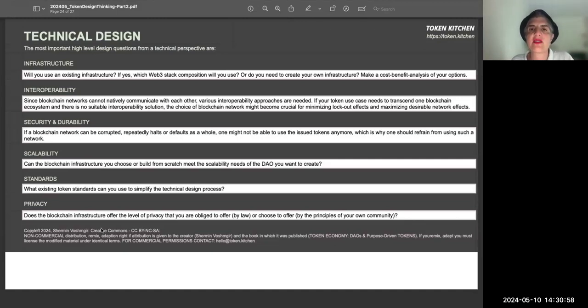For other use cases, you might not be able to stay within one ecosystem only, so you have to look at interoperability, bridging solutions, etc. And here you have to make a trade-off analysis between securability, scalability, and durability of your system, and whether or not these interoperability solutions are secure enough also, and whether or not the blockchain infrastructure you're using is fast and secure enough for the purpose of what you're exchanging.